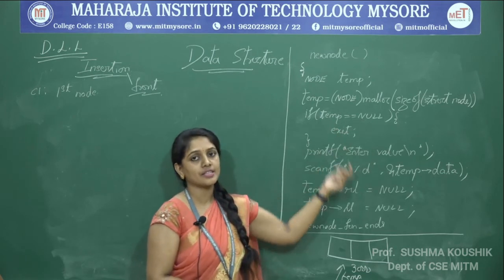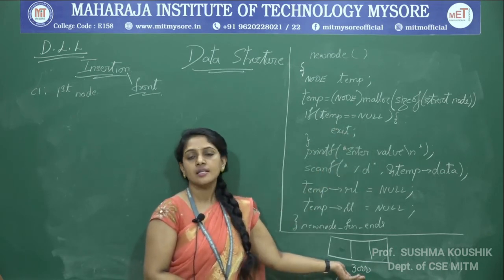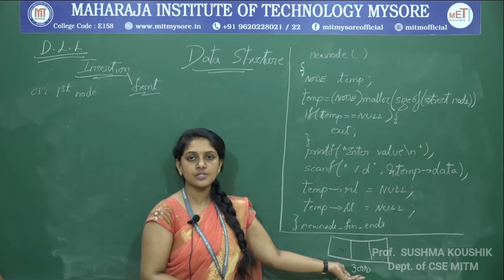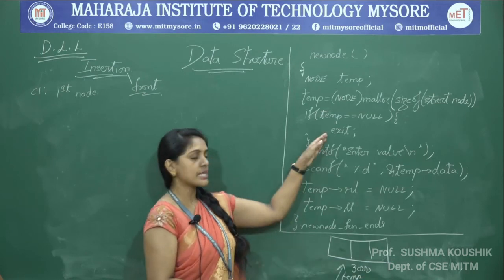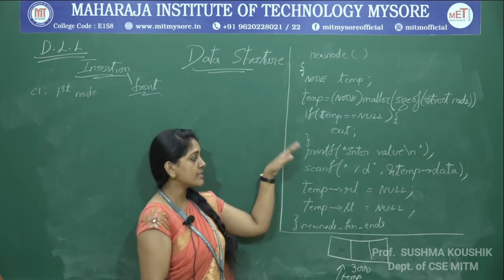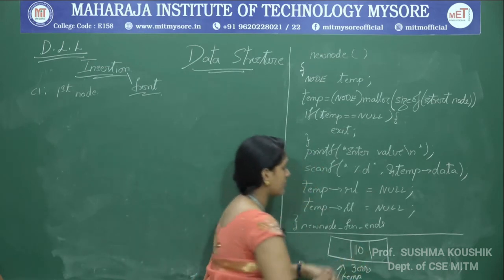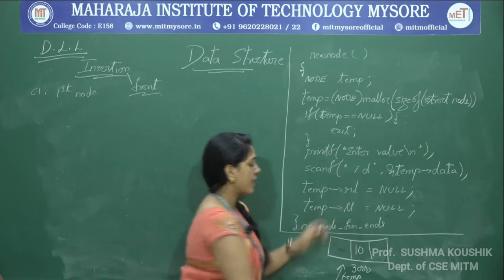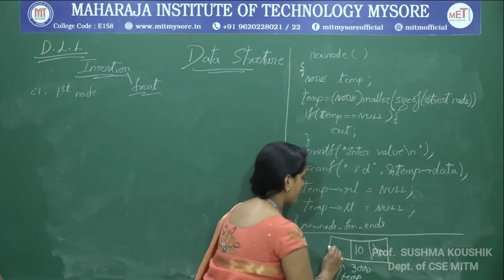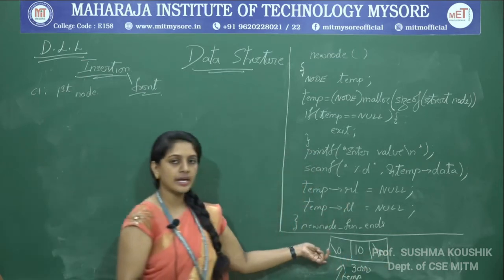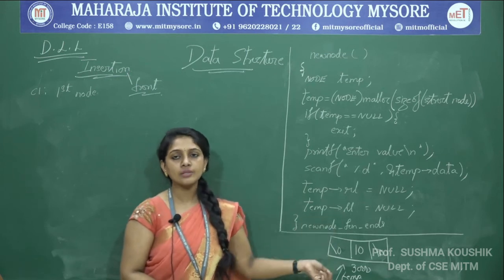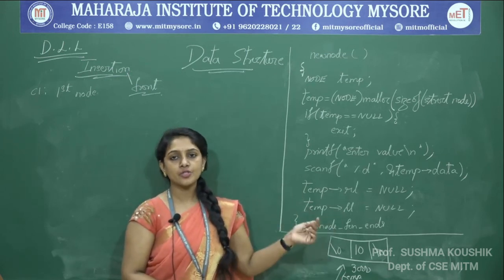If so, when the node itself does not exist, there is no point of insertion or deletion scenario. Therefore we will just exit from the program. Otherwise you will be asked to enter a value. So they will enter some value like 10, and then temp of RL is null and temp of LL is null.